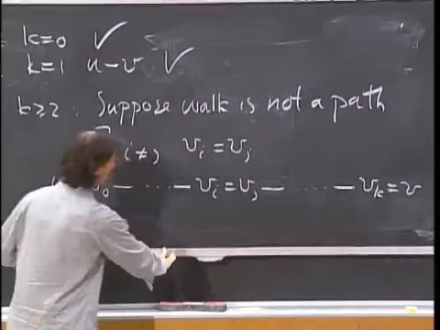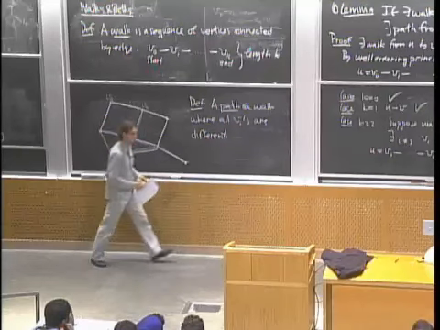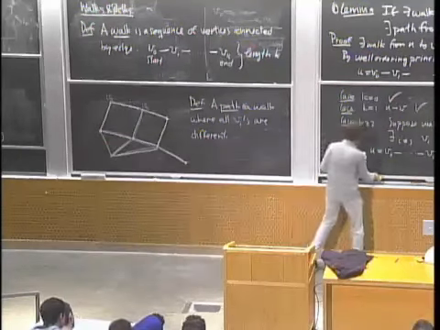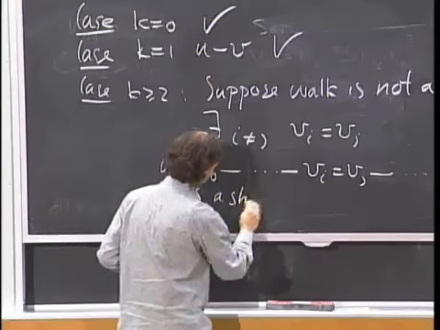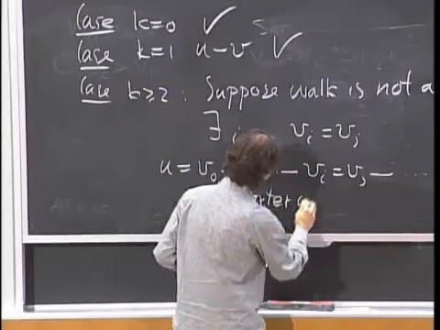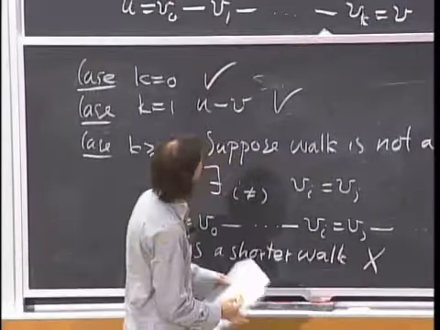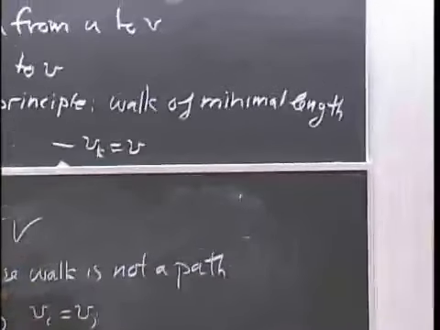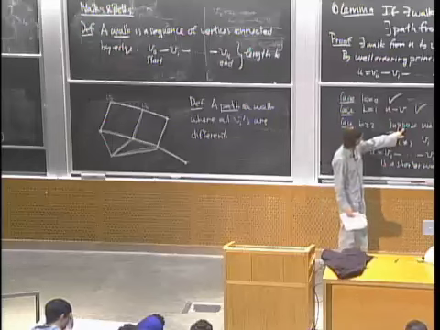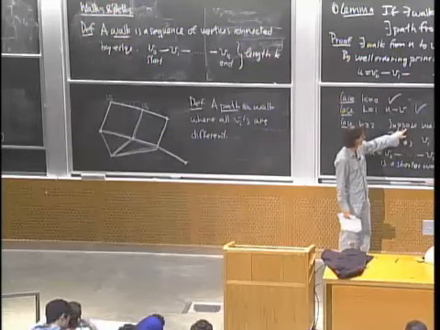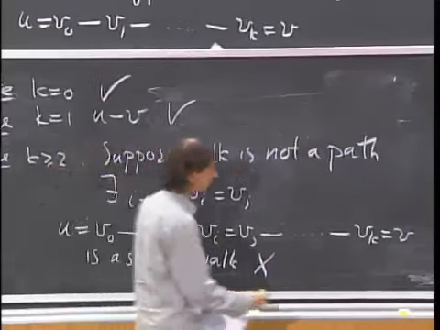So essentially, we have created a shorter walk. We have taken out this little triangle over here. Now this is a shorter walk, and this contradicts our assumption of minimality. So that means that our assumption over here is not true. So the walk is actually a path. So this concludes the proof.